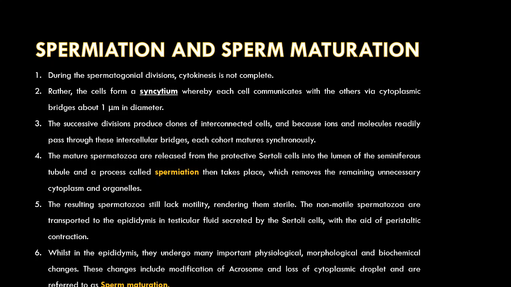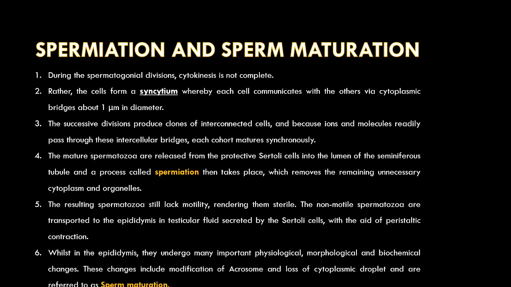This transportation occurs by a fluid which is secreted by the Sertoli cells with the help of peristaltic contractions. When these spermatozoa are present in the epididymis, they undergo many important physiological, morphological, and biochemical changes.